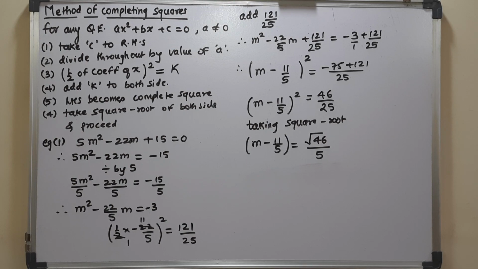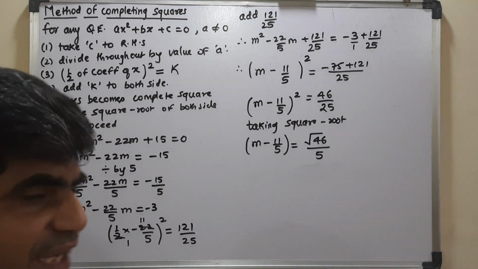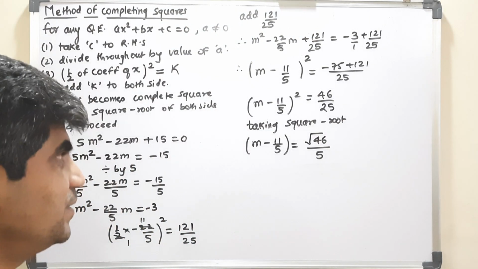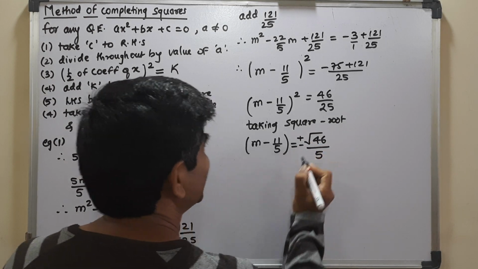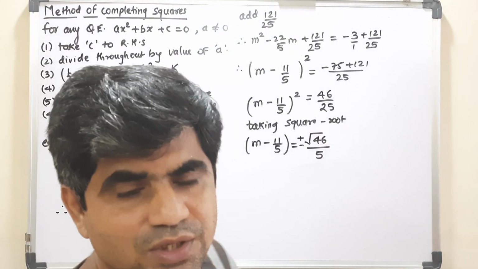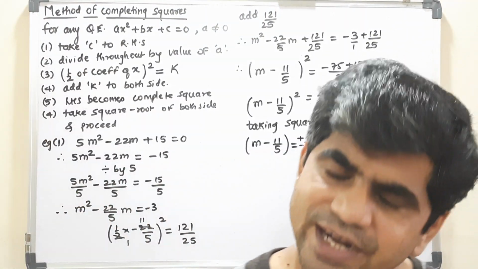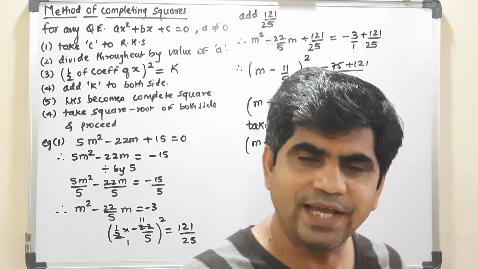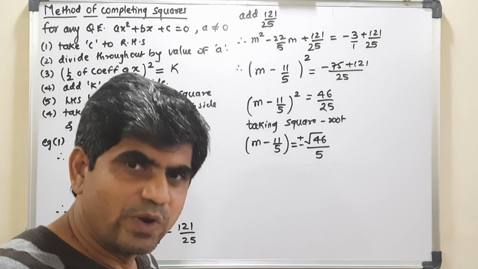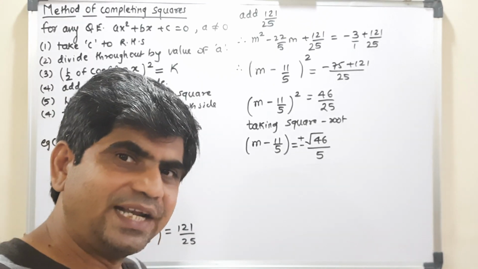When you take the square root, the value can be a positive value or a negative value, because the square of 10 is 100 and the square of minus 10 also is 100. Agreed? That means the square root of 100 can be 10 or minus 10.